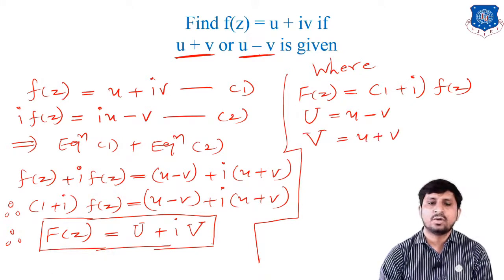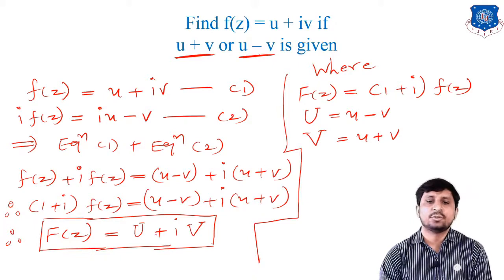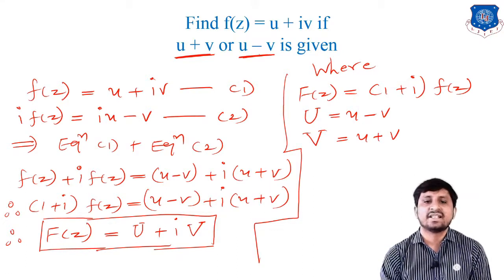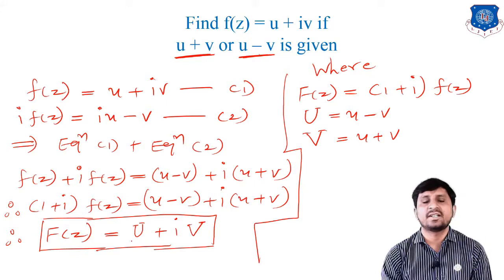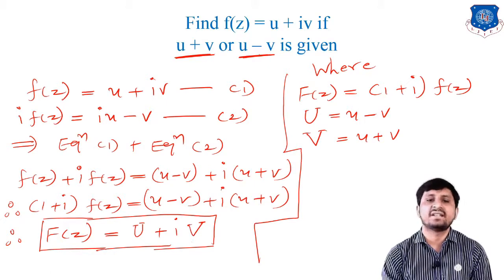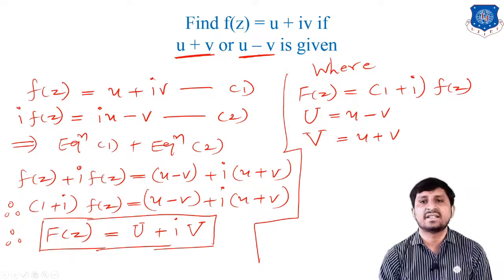Now from capital U or capital V, we can easily find capital F of z using Milne-Thomson's method. Using Milne-Thomson's method, from capital U or capital V we can find capital F of z, and from capital F of z we can easily find small f of z, because capital F of z is nothing but 1 plus i into small f of z.